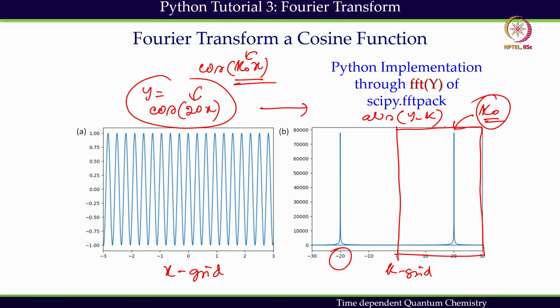That should be because the cos function is oscillating over space with the spatial frequency 20, and that is showing up after the Fourier transform. We have only one frequency component, which is 20 on the X grid. So, this is the meaning of the Fourier transform of this function.